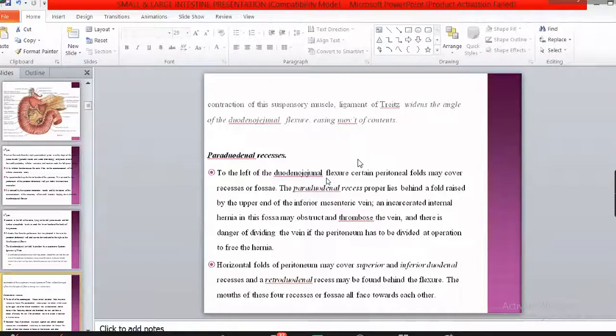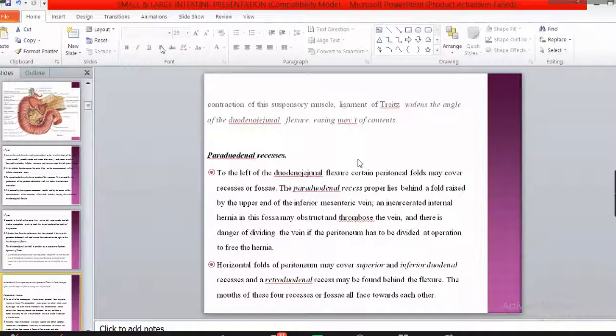These horizontal folds may be lifted off the posterior wall, and then you end up with a space behind them. And this can cause, let's say, an internal hernia. I believe most of you thought hernias are what you see outwards, the inguinal hernia, umbilical hernia, you can see it. But there are also internal hernias.